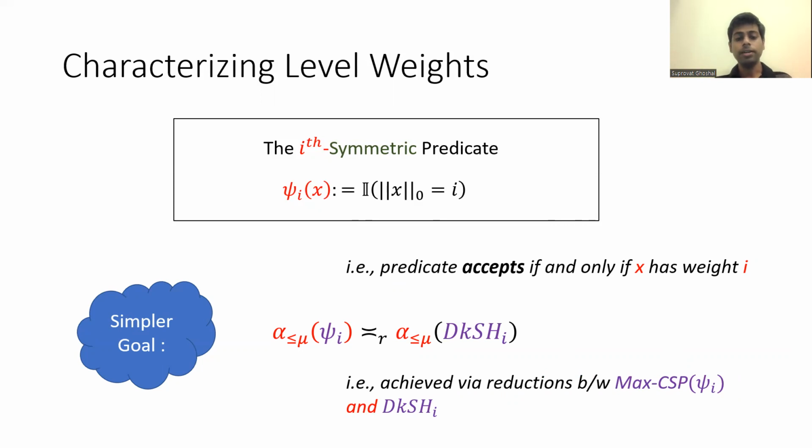And of course, we do this by showing a chain of reductions which go to and fro between the two problems, which allow us to prove lower and upper bounds of the bias approximation curve of the former with the latter.